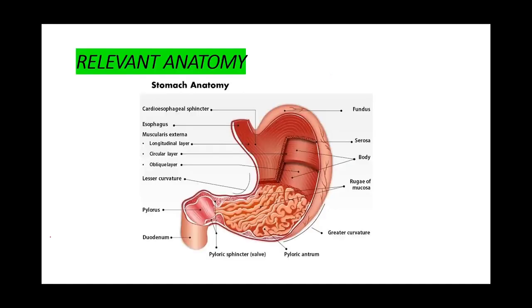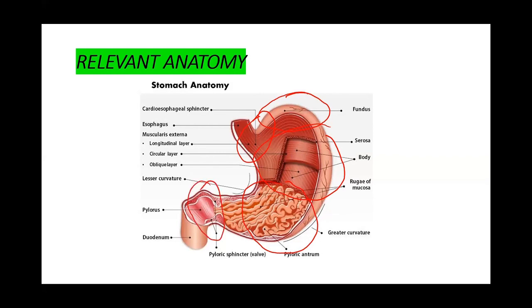Now, the relevant anatomy of the stomach with respect to peptic ulcer disease. The stomach is a J-shaped hollow viscus that is located in the upper abdomen. It is made up of the cardia, the fundus, the body, the antrum, okay, and the pylorus.